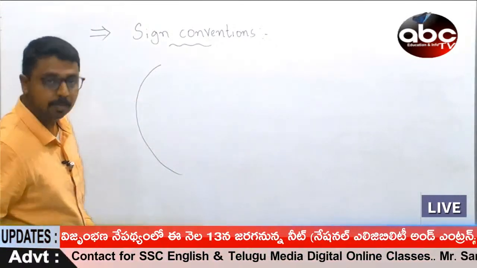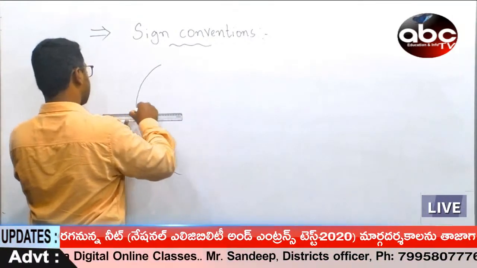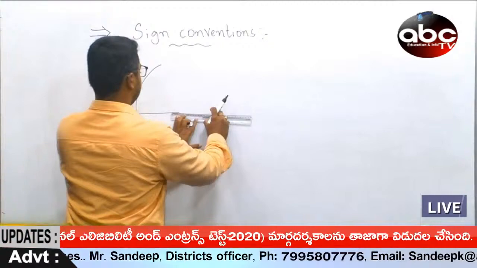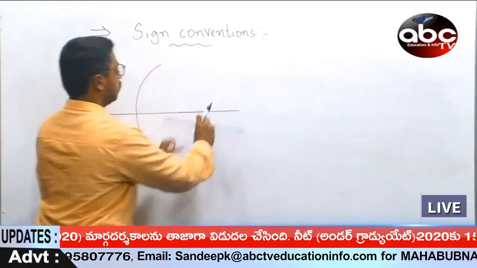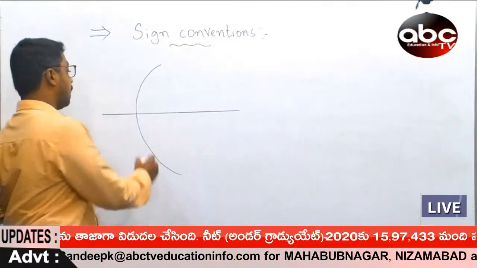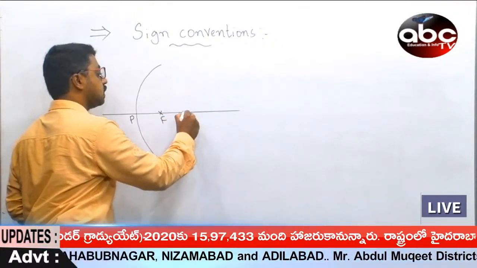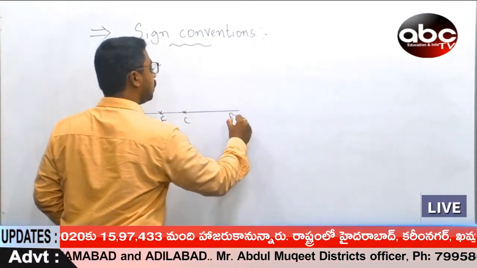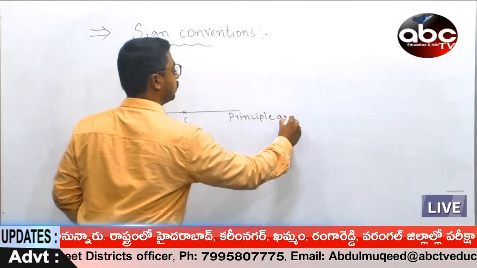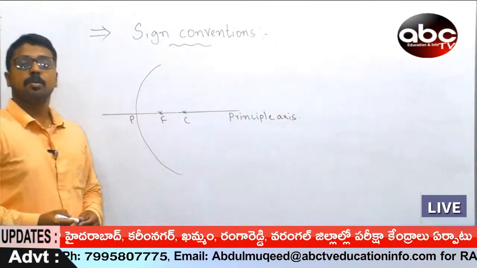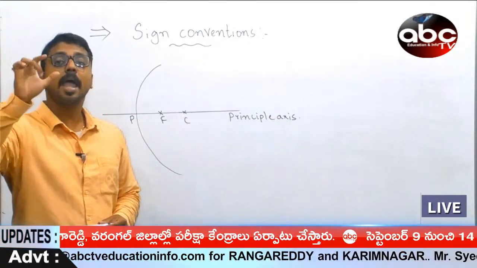Again, we are going to draw the principal axis. These terms are very familiar to us: pole, focus, center of curvature, principal axis. The second point deals especially with the heights of an image.